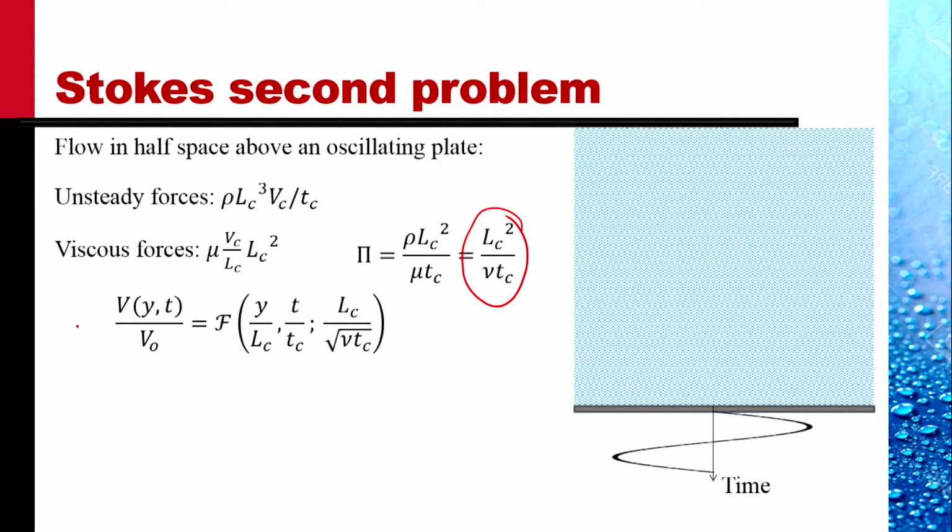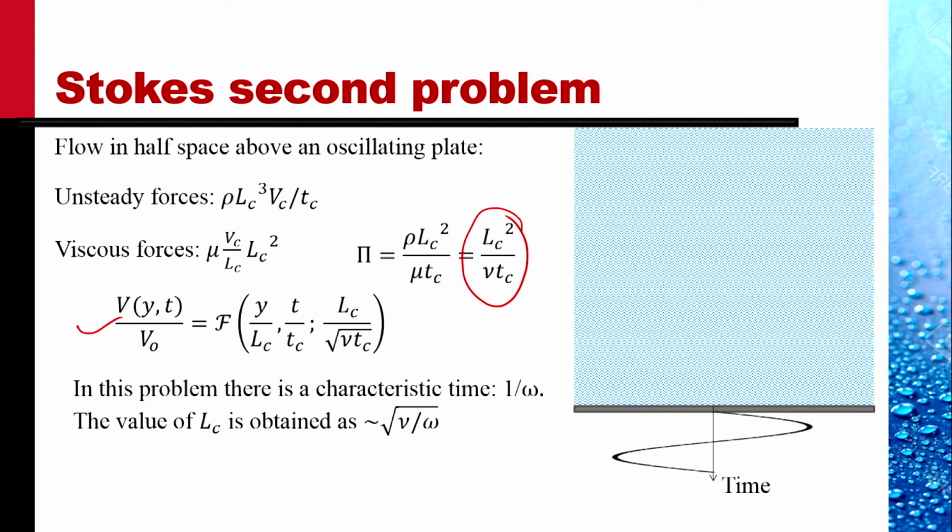As before, we can write the normalized velocity as a function of y divided by Lc, t by Tc, and the parameter Lc by under root nu Tc. So, the value of Lc is obtained as under root nu by omega.